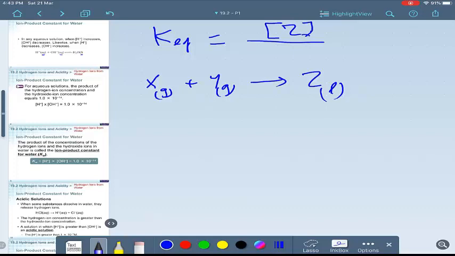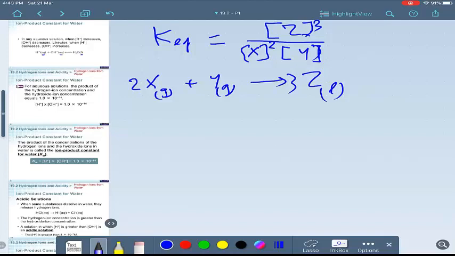And the reactants' concentration has the coefficient as a power. If the coefficient is 1, no problem. If the coefficient here is 2, for example, and here 1, here 3, you have to make 3 here and 2 here, power 2.